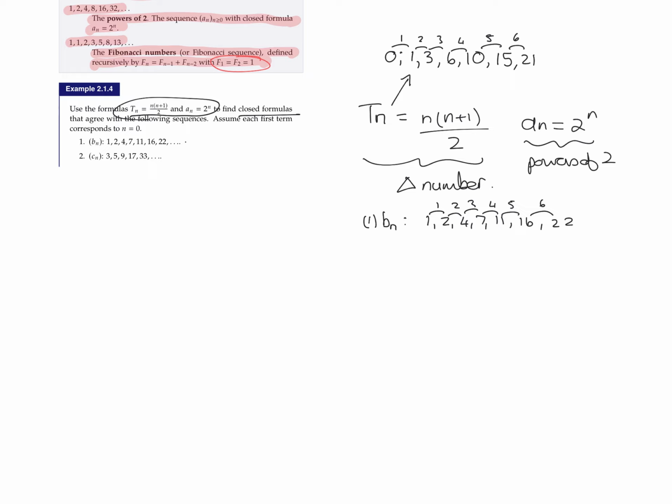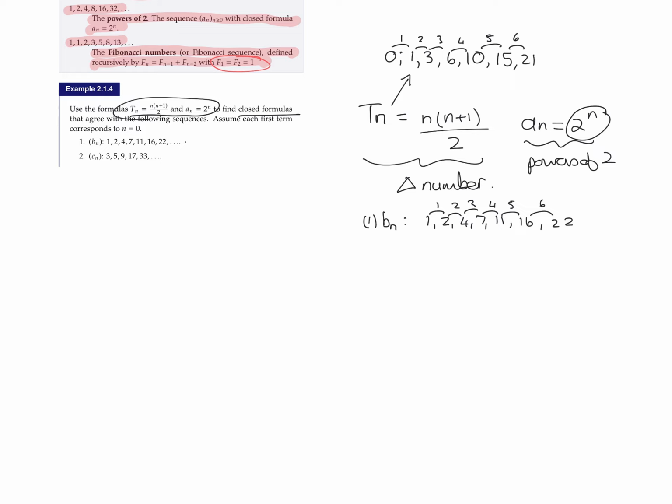Okay, so let's see, how is this related to what we've got here? Can we use the two together? I don't know. I've no idea. Let's have a look. So we wish to compare these sequences to the triangular sequences where we start at naught, and then the powers of 2 where we also start at naught.